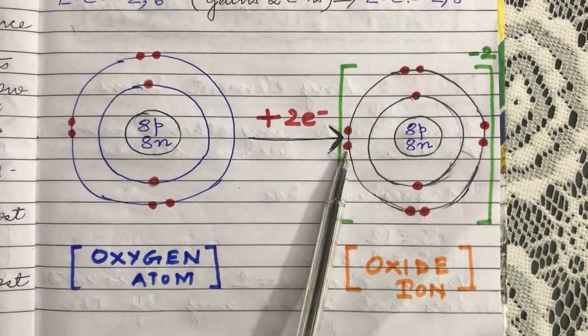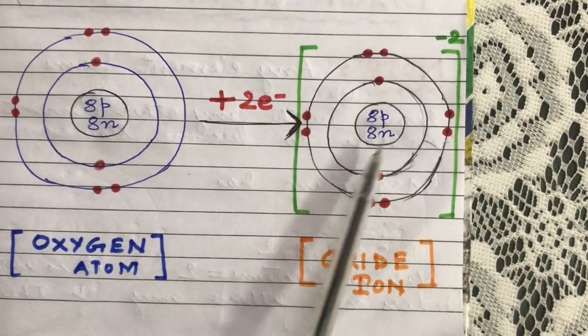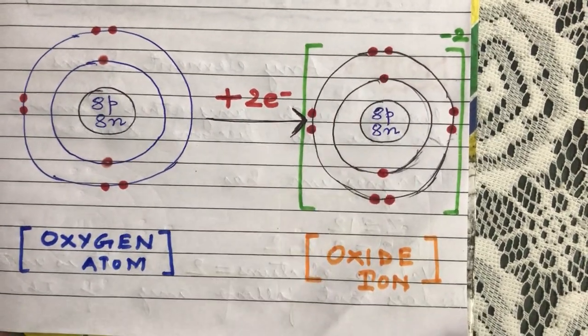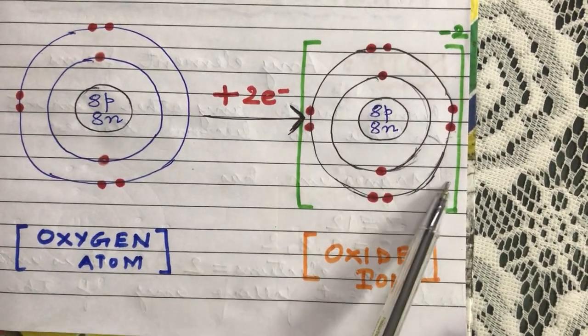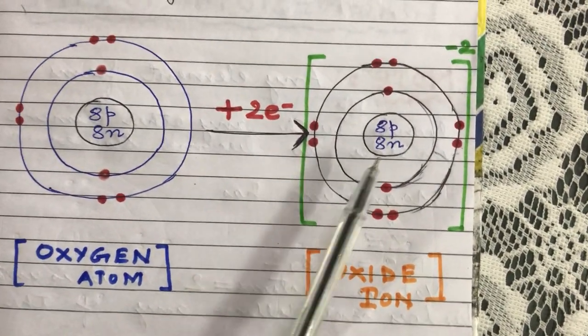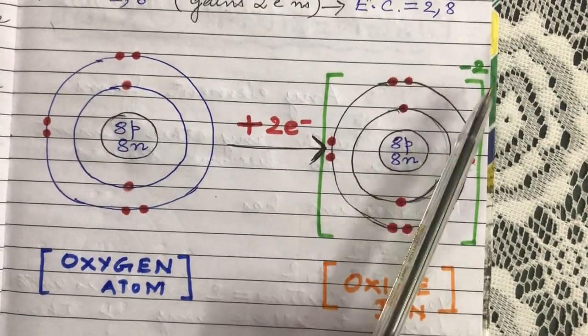Since it gained 2 electrons, the protons are still the same, 8 protons in the nucleus, but there are 10 electrons outside: 2 in the first shell and 8 in the second shell, 2 plus 8, that is 10. Electrons are 2 more than the protons, and so it gets a negative charge.